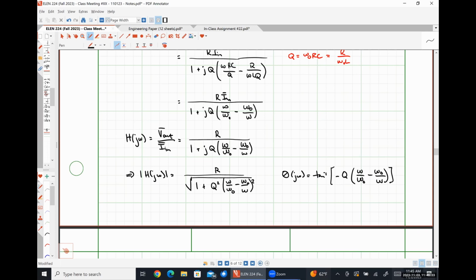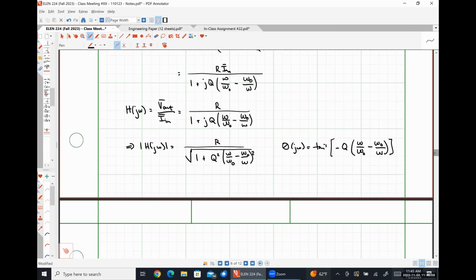So the peak value, or the numerator, was 1 for the series RLC case. It's R for the parallel RLC case. But it's going to happen at the exact same condition. We need Q squared times omega over omega naught minus omega naught over omega quantity squared to just be equal to 1.